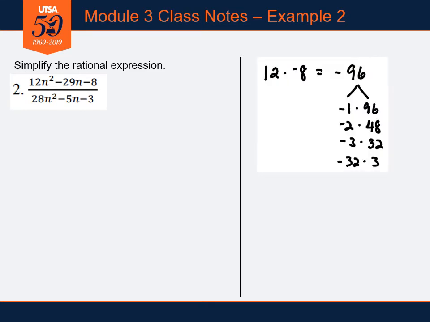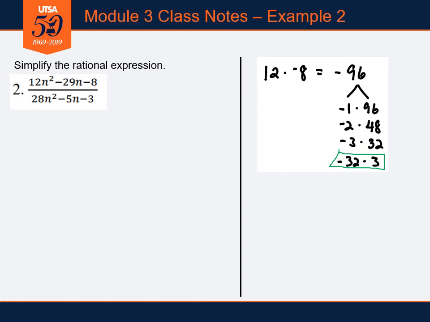A times c is 12 times negative 8, which gives me negative 96, and I split negative 96 into factors, and I'm looking for a pair of factors that add up to negative 29, and I find that with negative 32 and positive 3. Multiplying gives me negative 96, and adding those two numbers gives me negative 29.